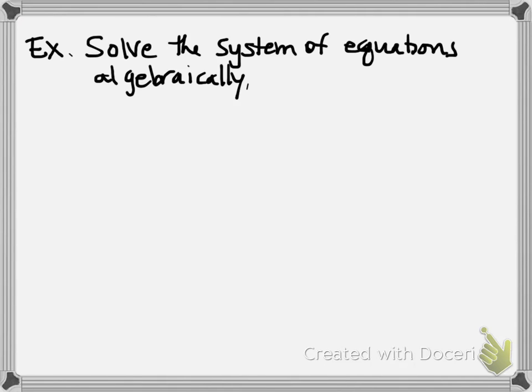So here's what we look for. We've got two equations, both with the same variables. That's what makes a system a system. And what you're looking for is one variable that is all by itself and doesn't have anything attached to it. So there's nothing being added or subtracted from it. There's nothing being multiplied or divided by it.